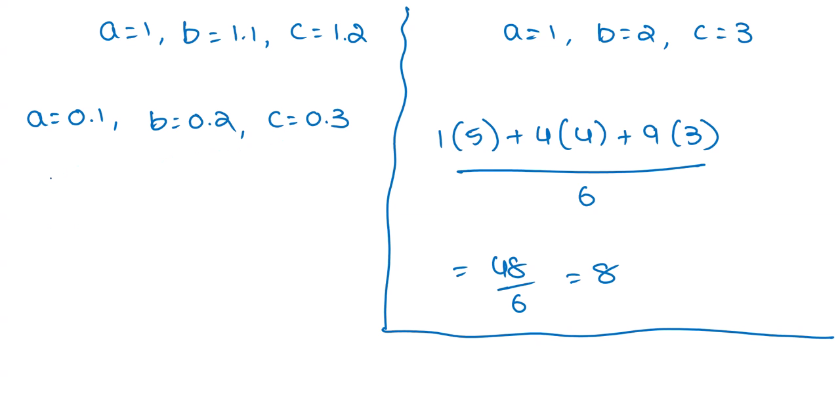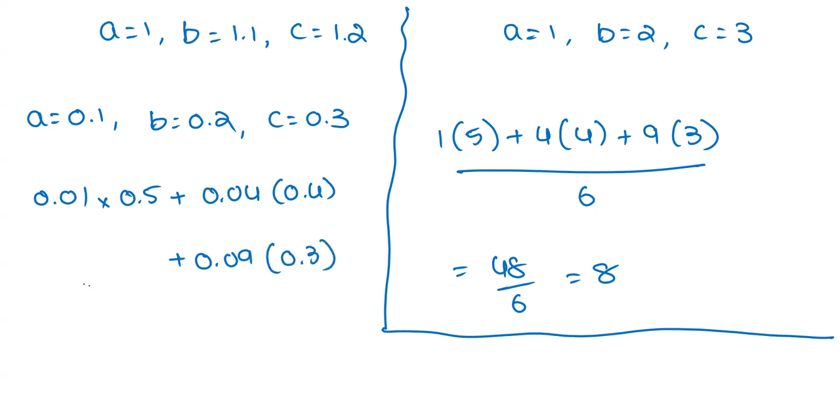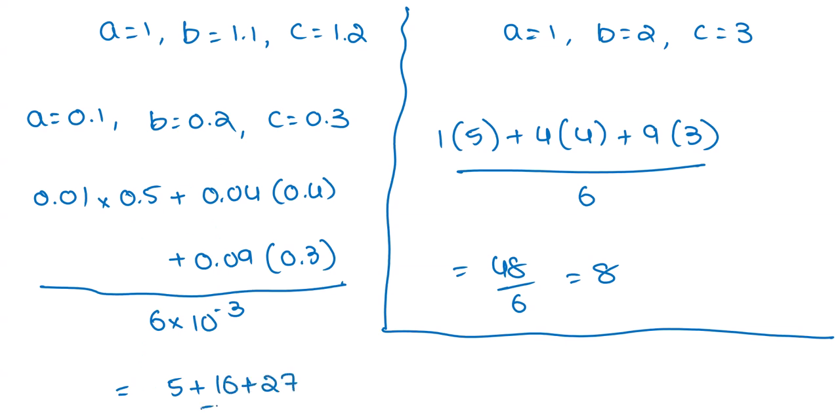If that is the case, A square means 0.01 into 0.5, B square 0.04 into 0.4, C square 0.09 into A plus B 0.3, divided by ABC. 1 into 2 into 3 is 6 only, but we got 3 decimals, 10 power minus 3. Here every term has 10 power minus 2, 10 power minus 1, 2 decimals, 3 decimals here. So 10 power minus 3 will be common. Again, it's like 5 plus 16 plus 27 divided by 6, only 8.